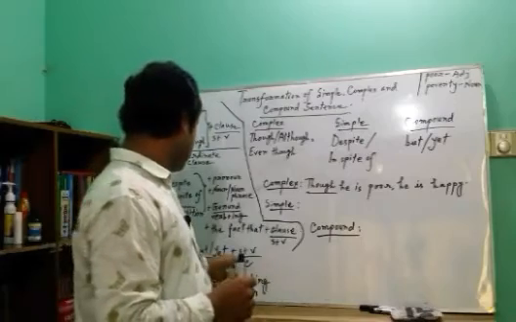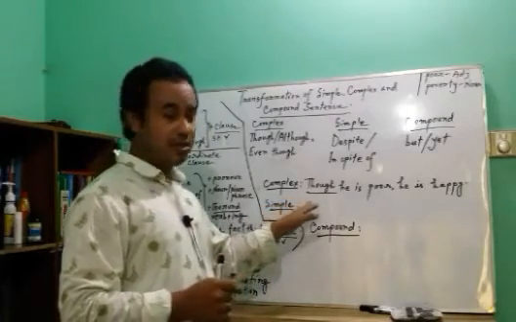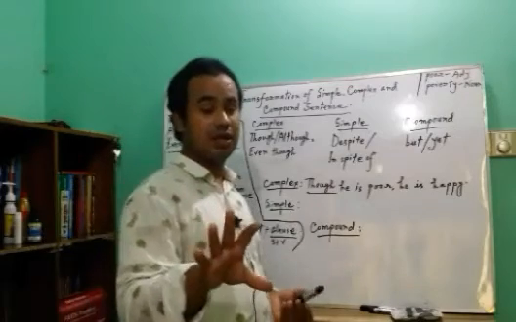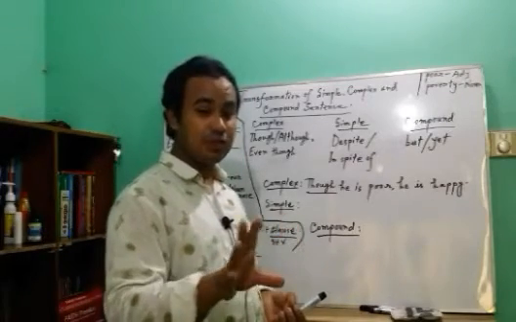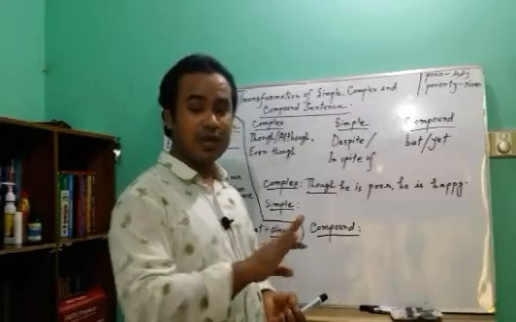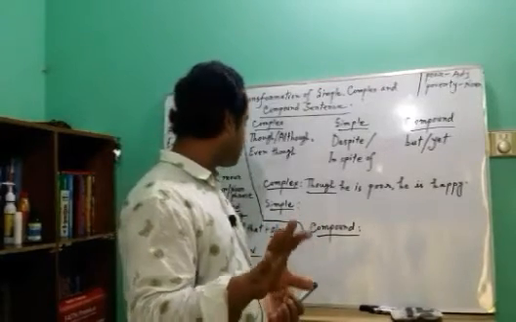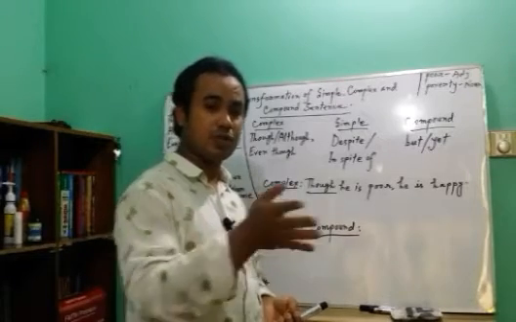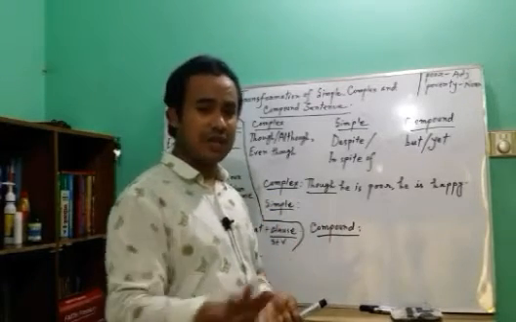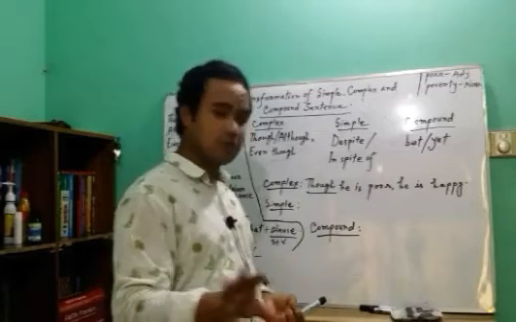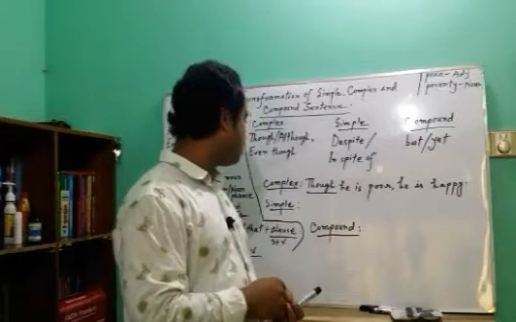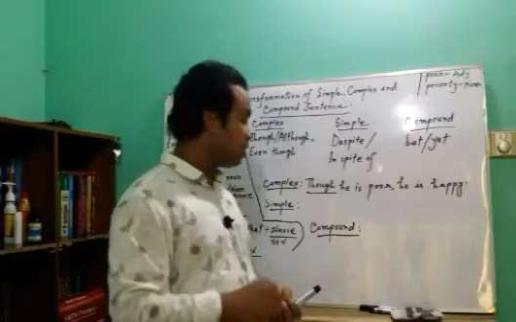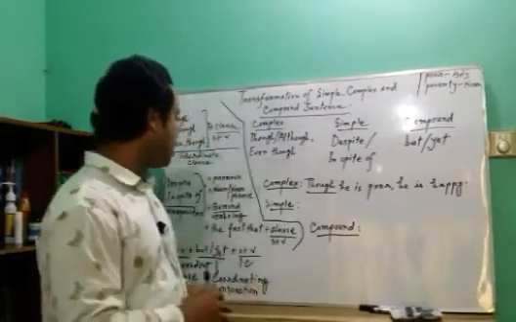And a simple sentence. How you can identify? Let's see how you can identify a simple sentence. A simple sentence does not contain any subordinating conjunctions or coordinating conjunctions. Any conjunctions. No conjunctions.